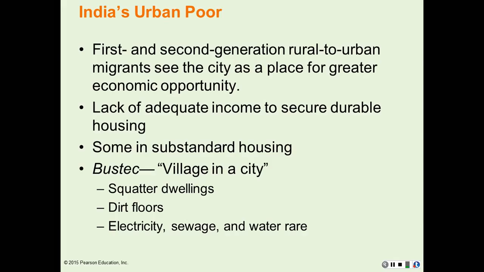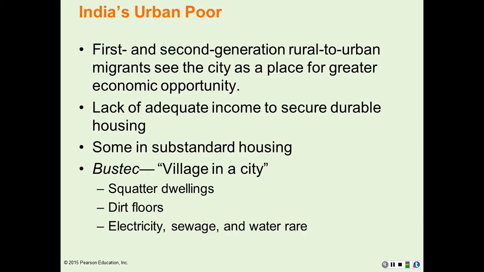India's urban poor. First and second generation rural to urban migrants see the city as a place for greater economic opportunities, but there's a lack of adequate income for many of these migrants to secure durable housing. We can say there's more than some substandard housing.